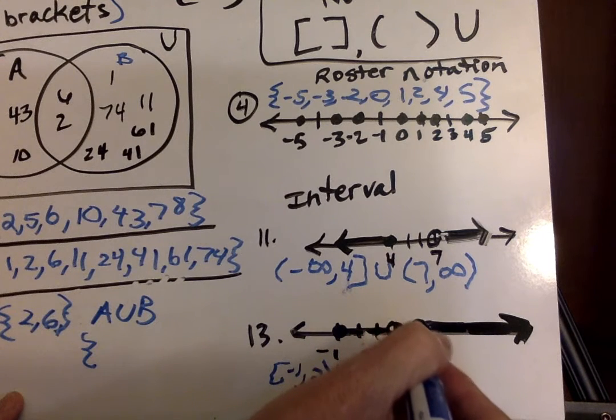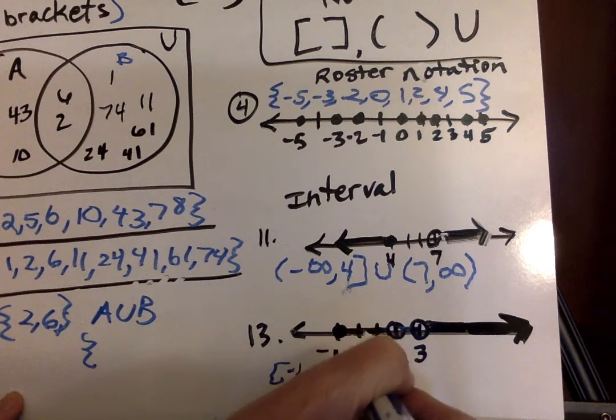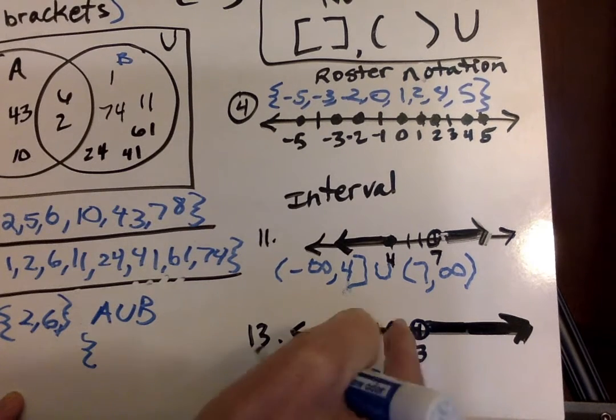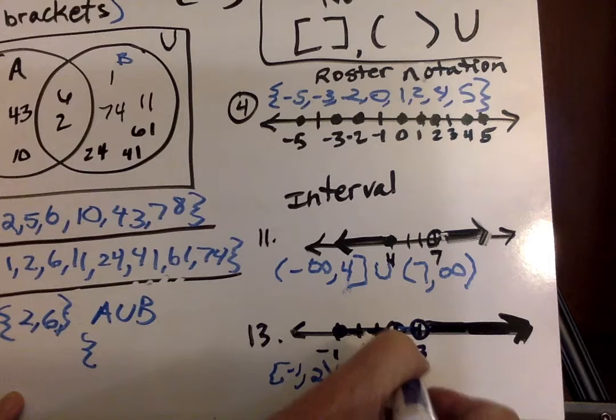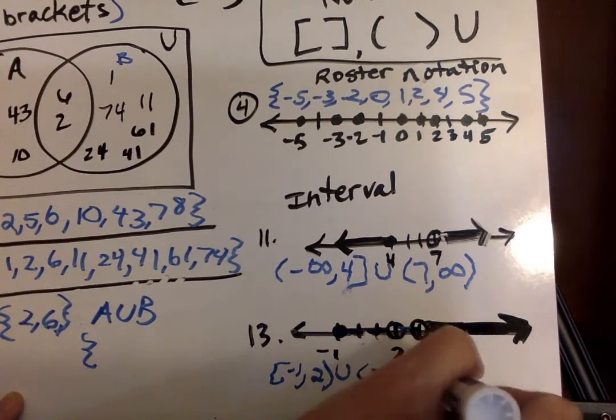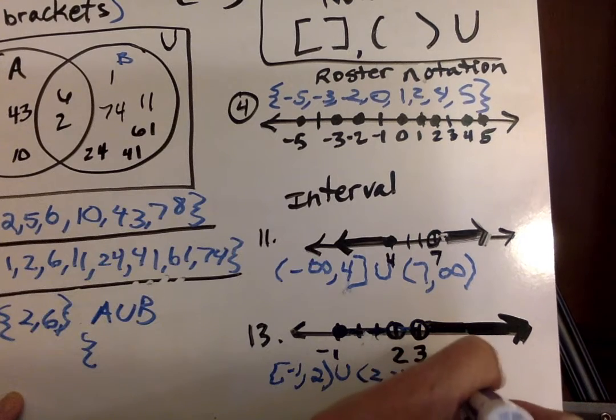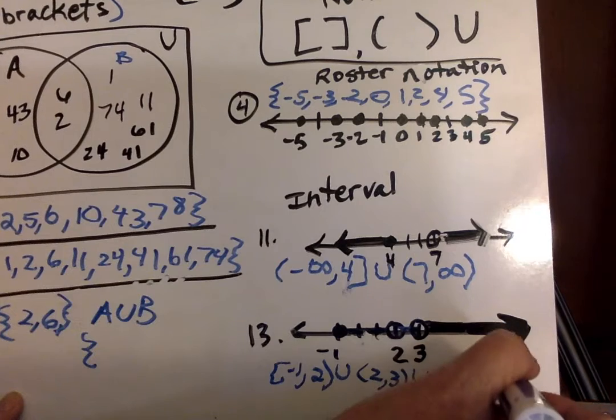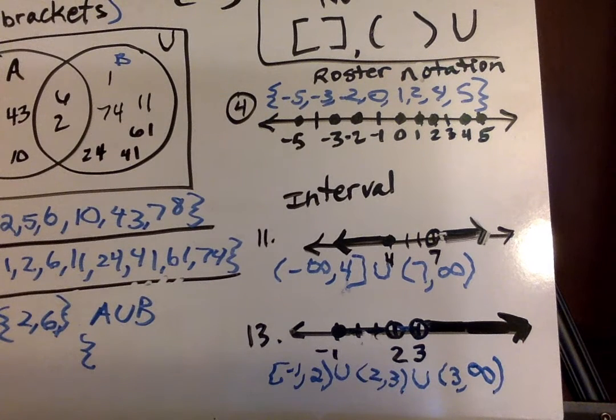In between this is also shaded, so we include 2, 3, but not the endpoints because they have open dots there, so they're not included. And we're going to unite that also with 3, not included, because it's an open dot, all the way to infinity, parenthesis there. Okay? All right.